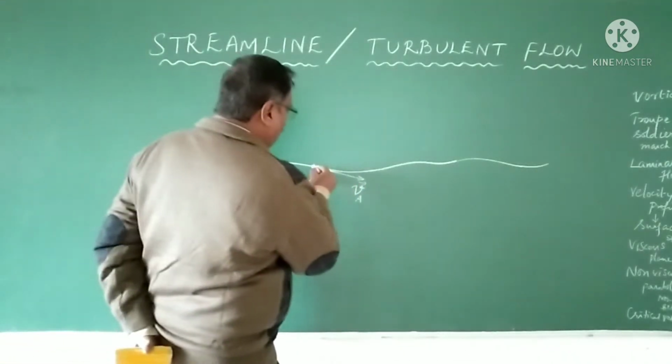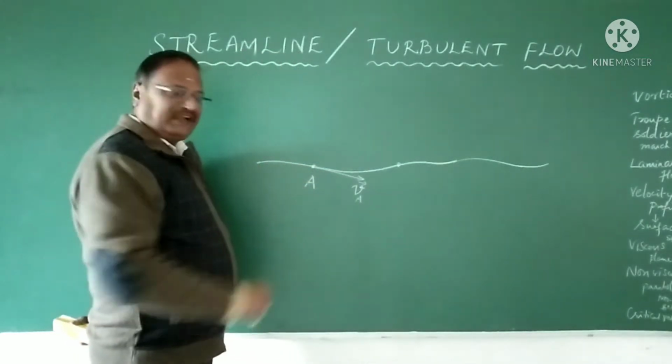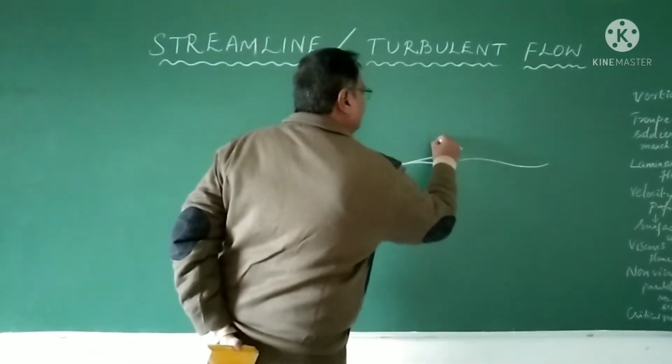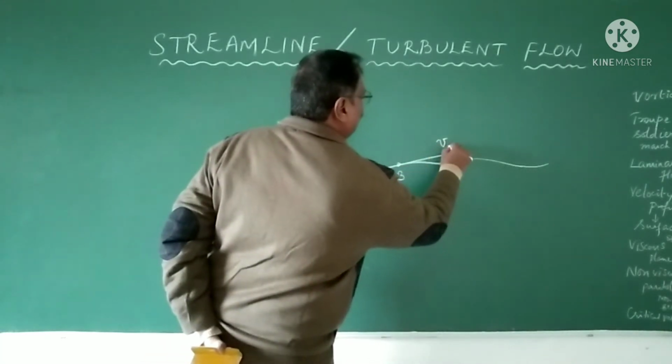Now let us assume the particle is moving from here, it comes to this point and it is a little up. Again draw a tangent like this, and this is the velocity of the particle at this point B, VB.